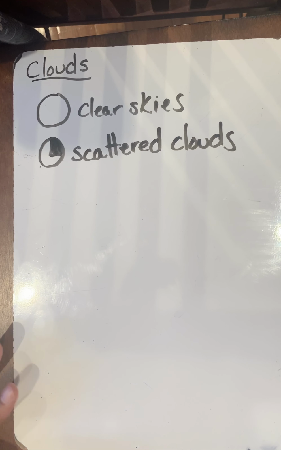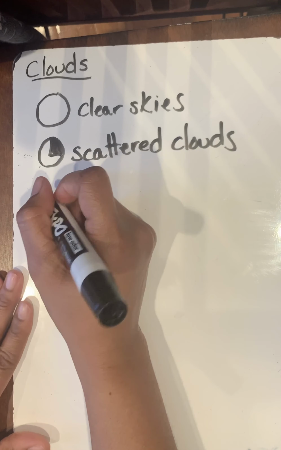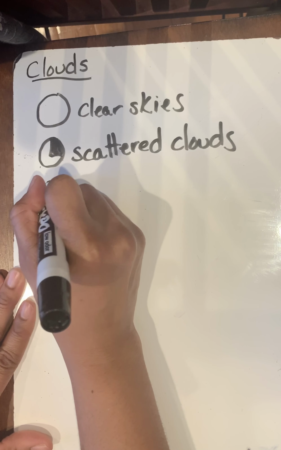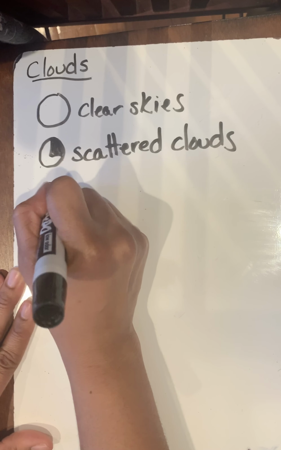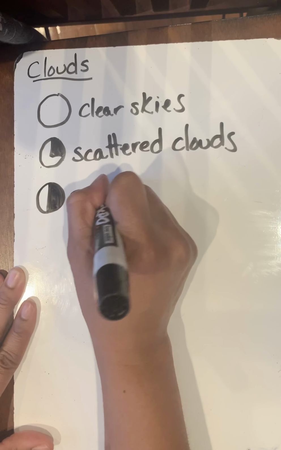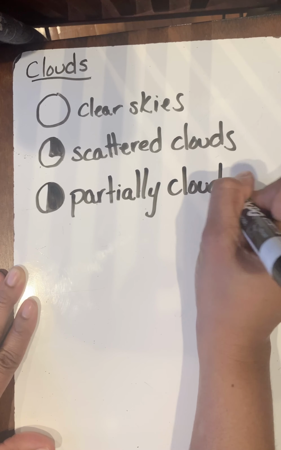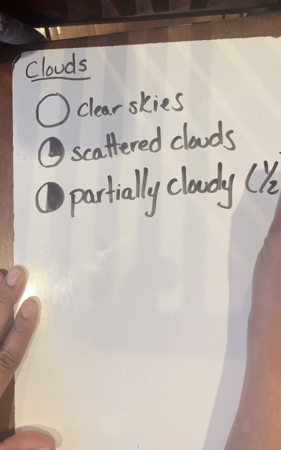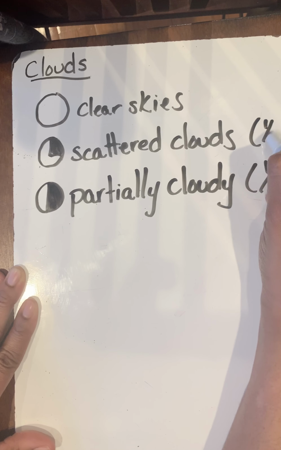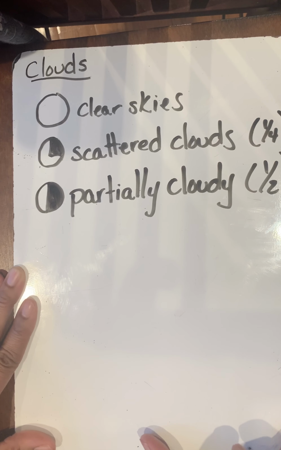But you can also do it as a percentage, as a fraction. A quarter of the sky is covered with clouds, right? This, I might say, partially cloudy, or half of the sky, or 50%, is covered with clouds.